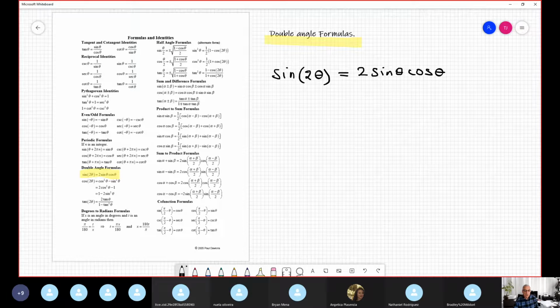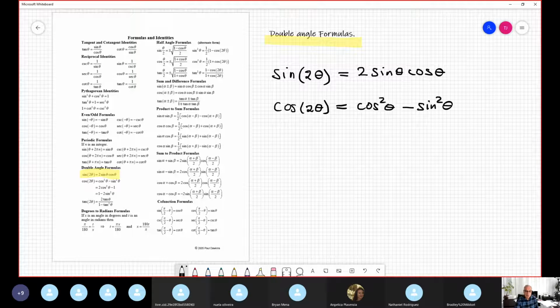Okay, the second formula is the cosine of 2 theta, so double angle. We are talking today about double angle. We have, unfortunately or fortunately, because it's good, 3 possibilities for the cosine. Sine only 1, cosine 3. It's cosine squared theta minus sine squared theta.